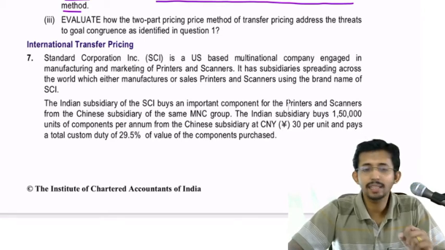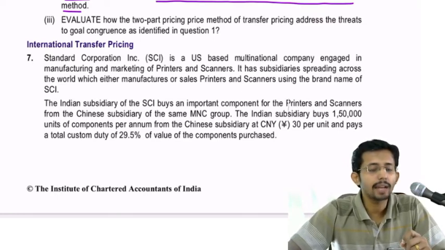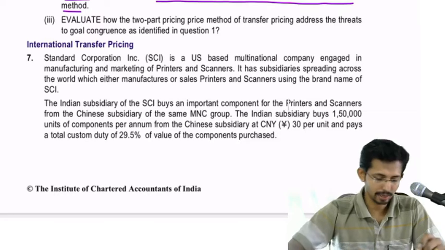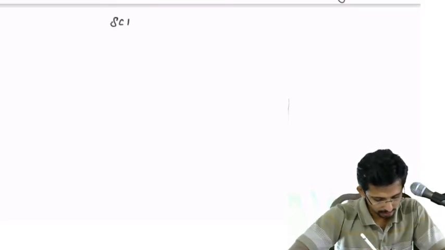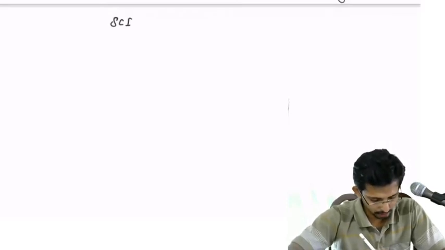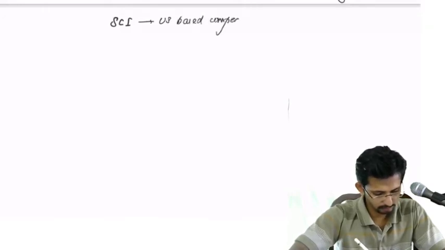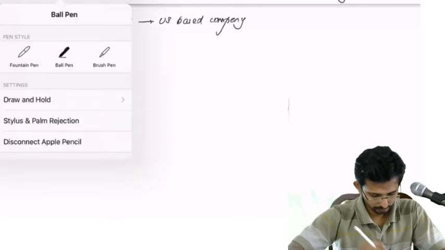Standard Corporation Incorporated, SCI, is a US based multinational company engaged in manufacturing and marketing of printers and scanners. So there is a company which is referred to as SCI. It is a US based company.